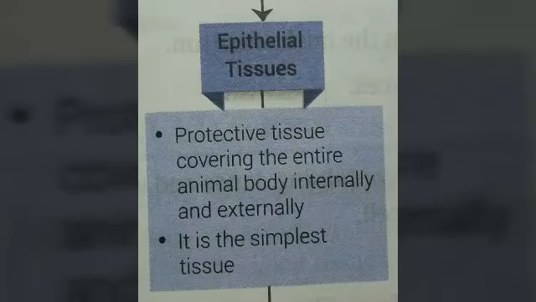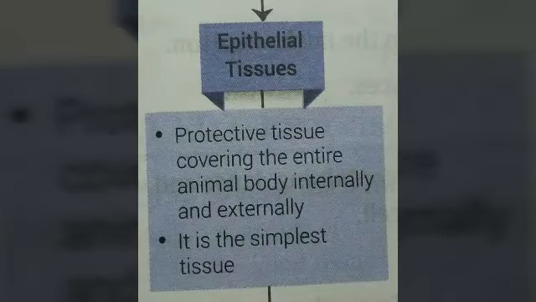What is epithelial tissue? It is the protective tissue covering the entire animal body internally and externally. It is the simplest tissue. Internally and externally means it provides the internal structure as well as the external structure.